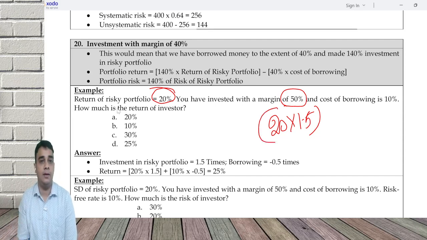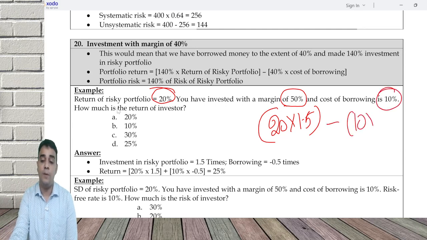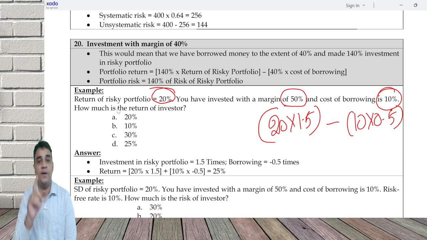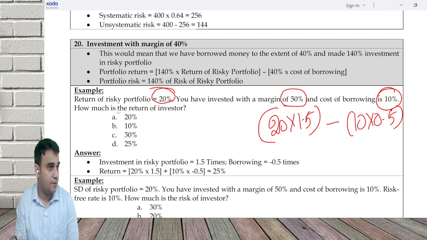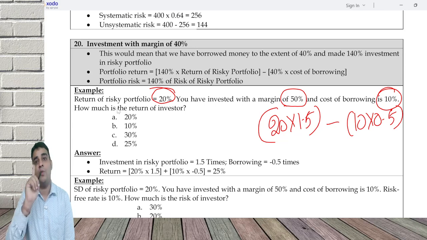It doesn't end here. You have to pay interest of 10 on 0.5. Now the weights will always add up to 1. What are the weights now? Plus 1.5 and minus 0.5. What you did is you had 1 rupee.